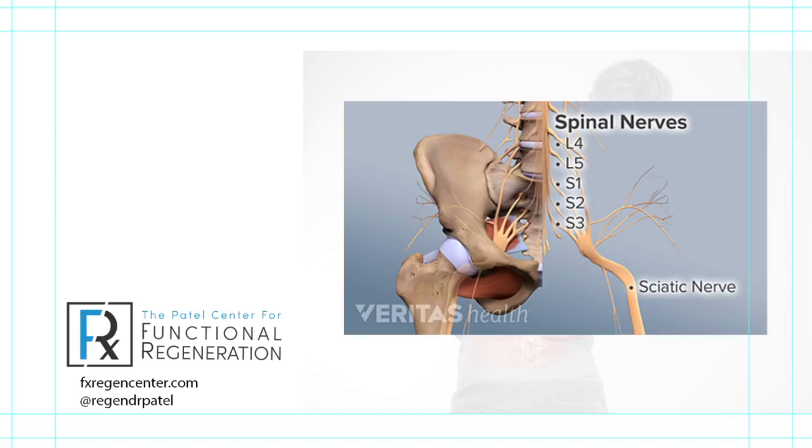But even subtle weakness can be appreciated with the appropriate physical examination, or you can appreciate it if you're wary of the signs. So what do I mean by subtle weakness? Some patients will have one foot that flattens out more than the other, right?